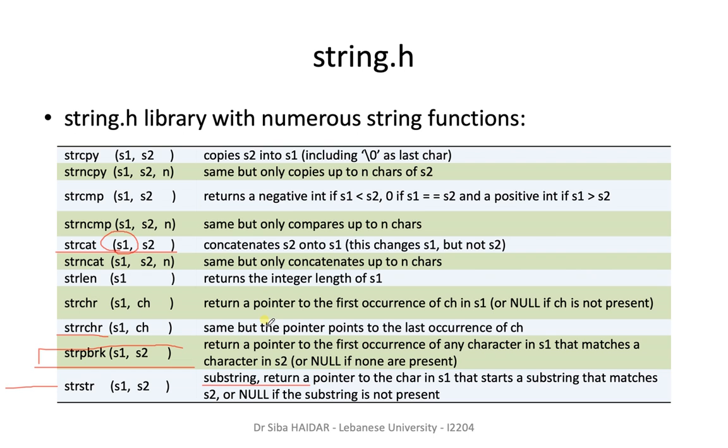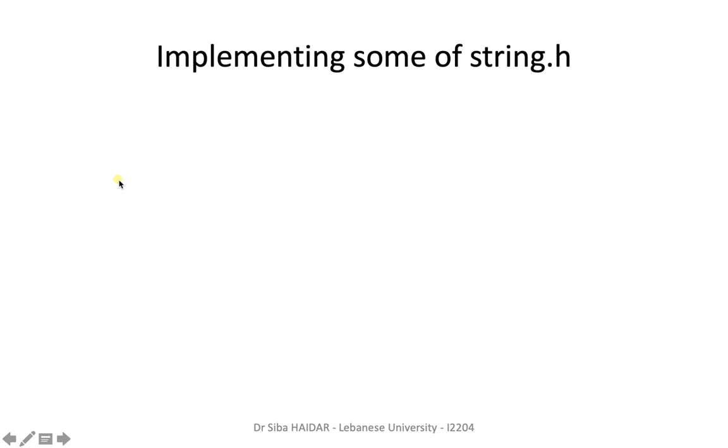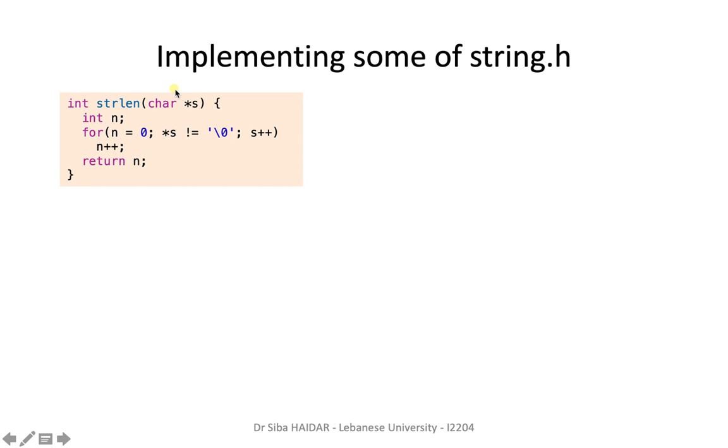So let us see how to write these functions. We chose for you three functions, from the easiest: strlen, and then strncmp, strcmp, and strcpy. So we will write this together now. We will see how they are written in the library. strlen takes as a parameter char star s and returns an integer, which is the length of this string.